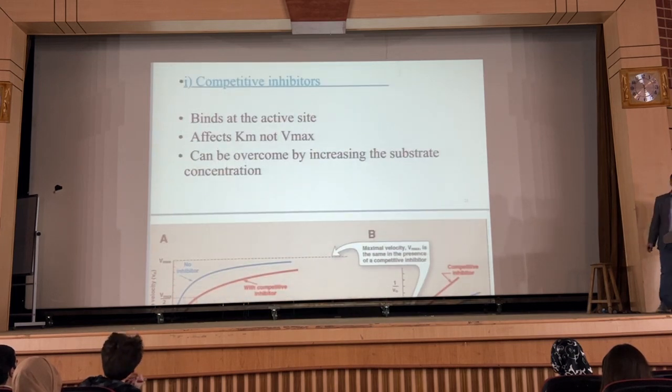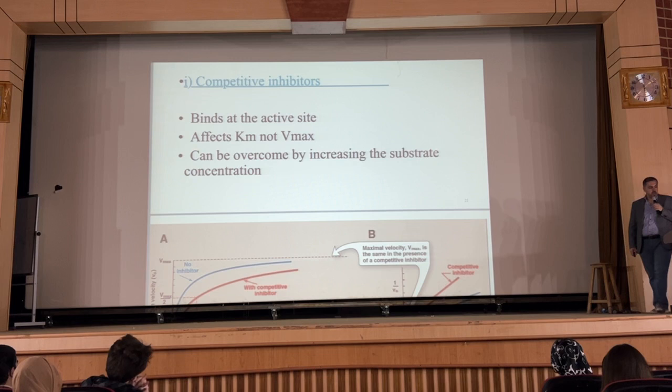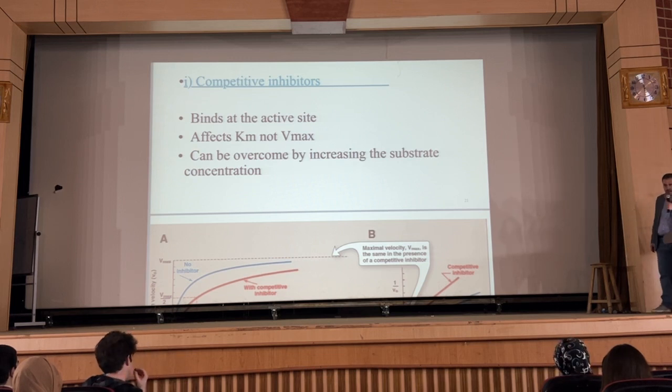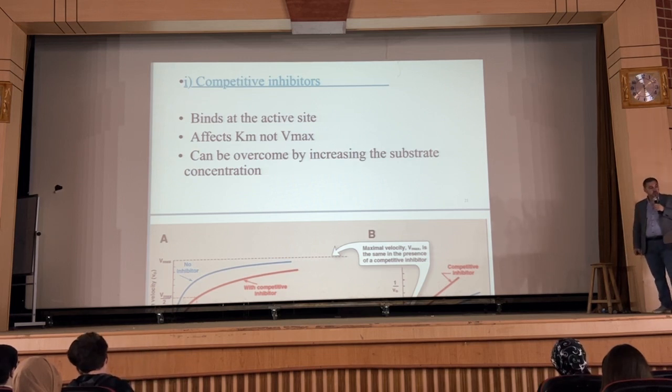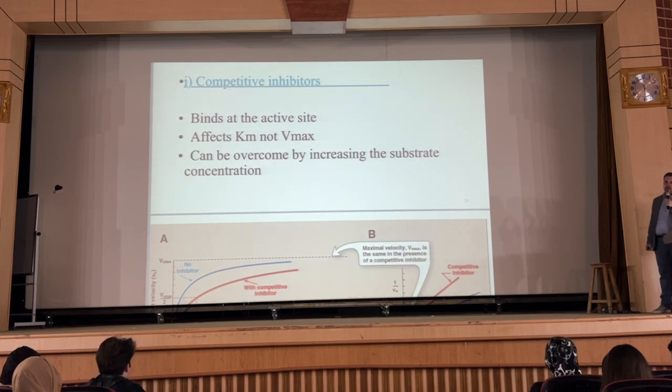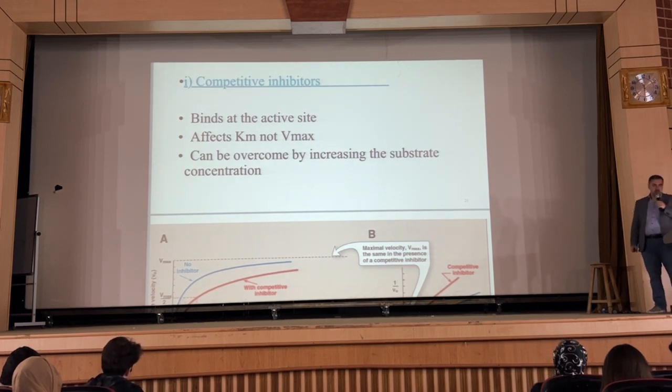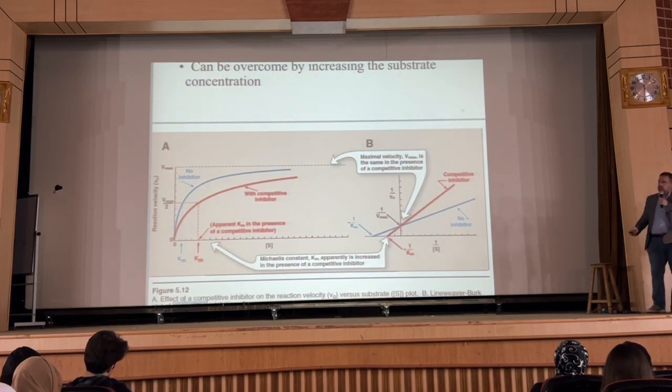The drug binds like the substrate to the active site, affecting the Km value, not the Vmax, and it can be overcome by increasing the substrate concentration. Look at this figure.